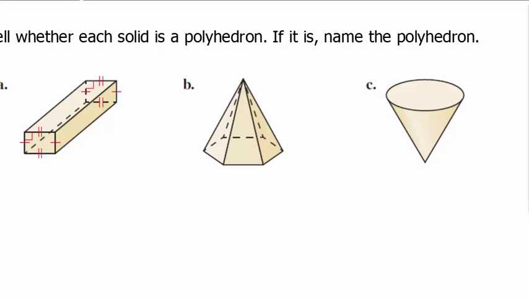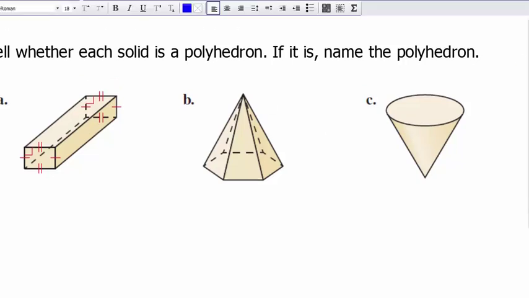So we're looking for solid polyhedrons, and on these ones, the first one is going to be a polyhedron because all sides are flat. And we would typically call this a rectangular prism. In our second shape, are all of the sides flat?